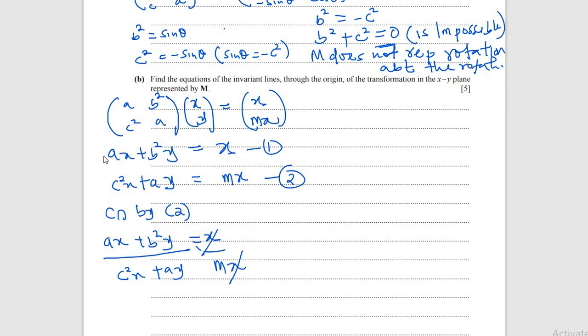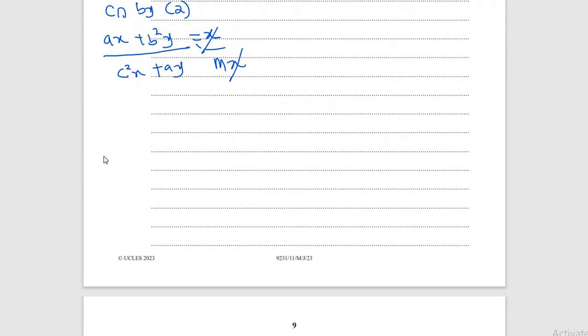X cancels x. So we have ax plus b square y, like I said y is mx, over c square x plus ay, y is mx, equal to 1 over m.